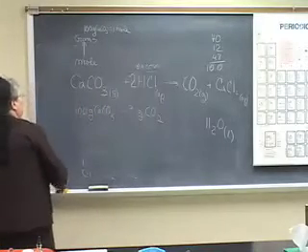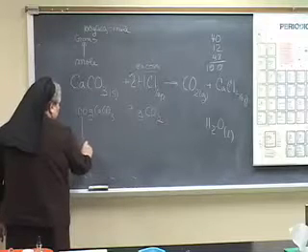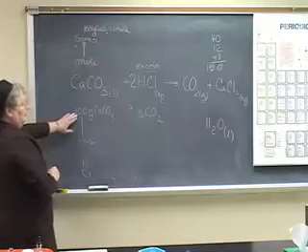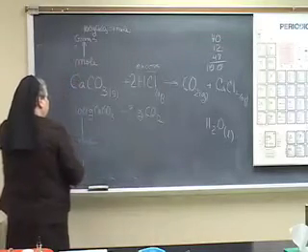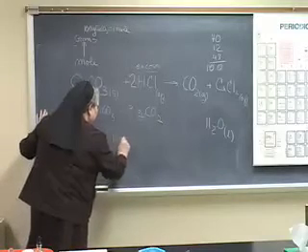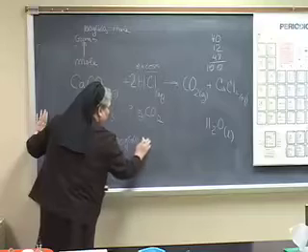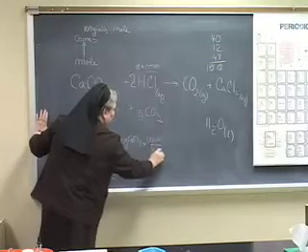So what I need to do is convert this to moles. And because I started with 100 grams of calcium carbonate, and I know the 100 grams equal 1 mole, I could simply do that. 1 mole per 100 grams.